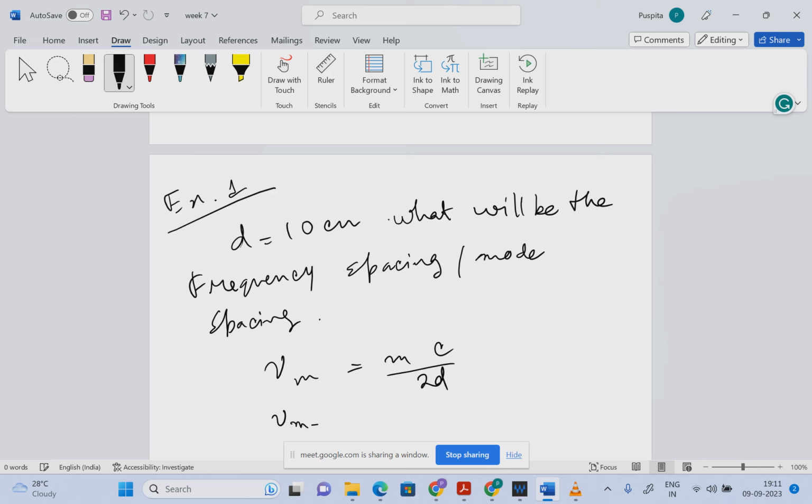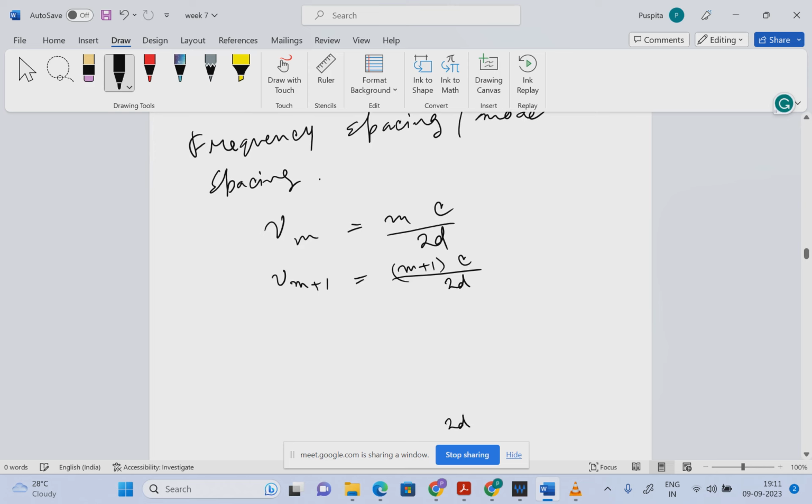So new m plus 1. This is the mth mode. The m plus 1th mode is (m plus 1)c by 2d. So there is a new to this c by 2d.